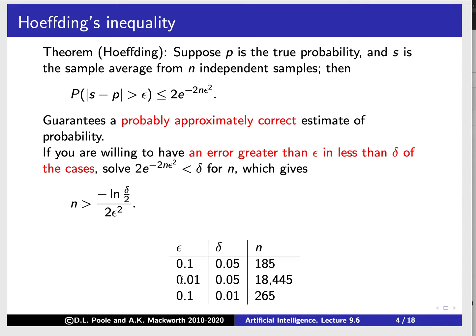If you want epsilon to be 0.01, accurate to two significant digits, and you want to do it 95% of the time, which is what this says, you need a lot of samples. We need 18,445. But this is within 2 digits of accuracy, right? So we're discriminating here within 2 digits of accuracy. If you want 1 digit of accuracy, but you've got to do it 99% of the time, so it's very unlikely to be wrong, well, we need a few more than that. We need 256.